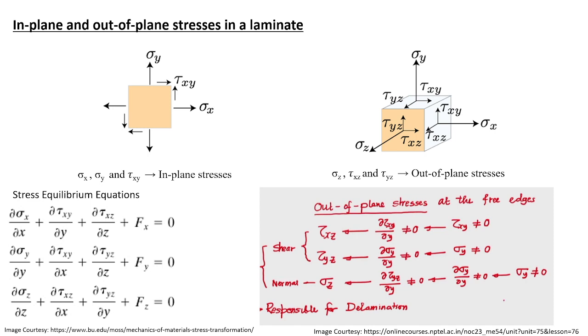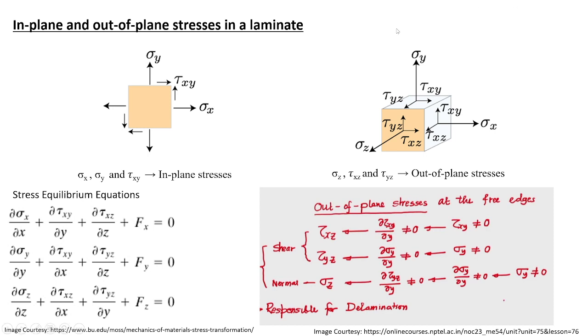In the classical laminate theory, we do not consider the transverse shear stresses and also the stress boundary conditions. But when we consider those assumptions, we can find the out-of-plane stress values, and they will be useful to understand how delamination between different laminates can occur.